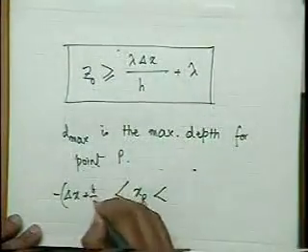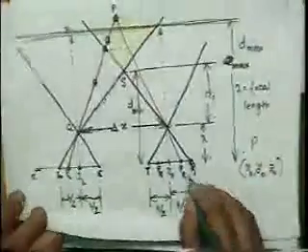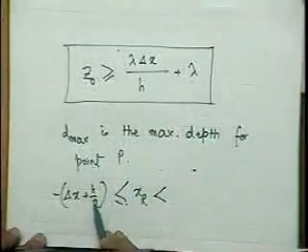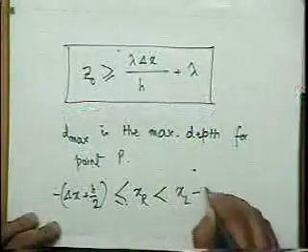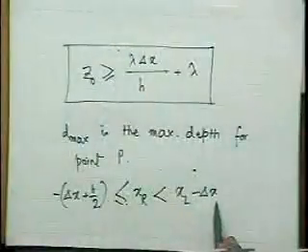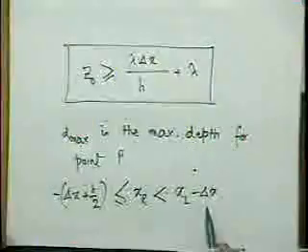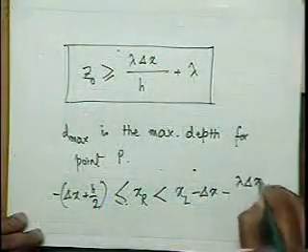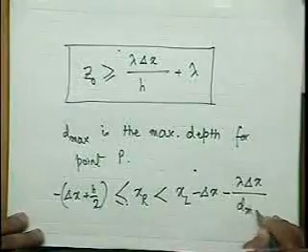Of course, on this side the same limit holds good. For this point R, the limit is minus delta x plus h by 2, and on the other side we have XL minus lambda x, which we had got for the point PR. But assuming a maximum depth D max, we will get this as lambda into delta x divided by D max.